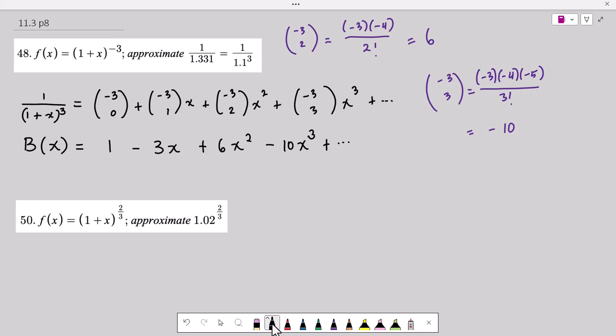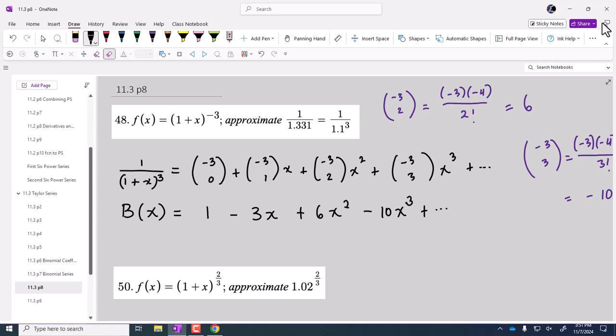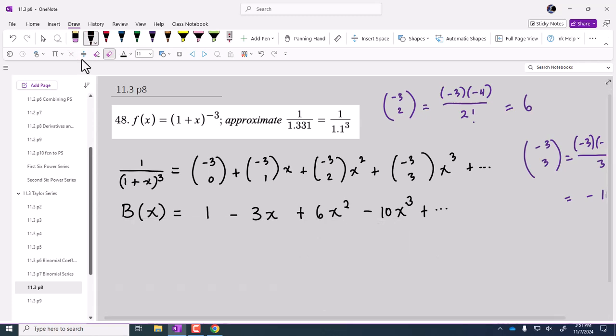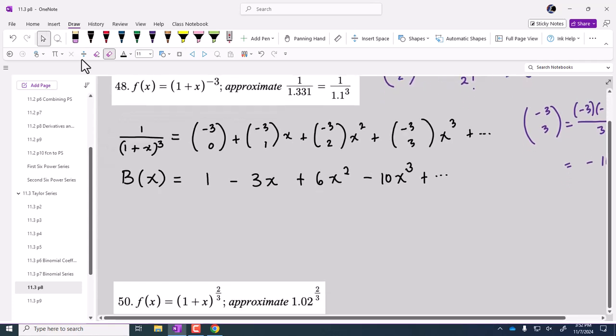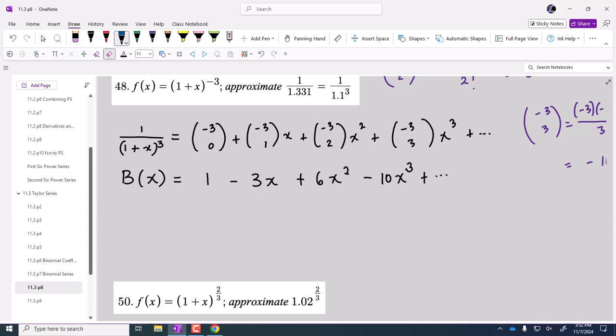So let's go ahead and do the approximation on this. We are going to identify x. We want to approximate 1 over 1.1 to the 3.